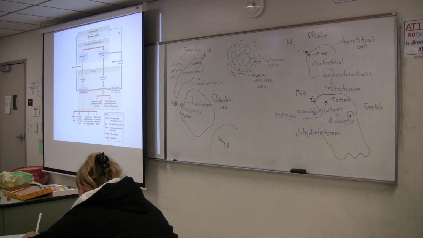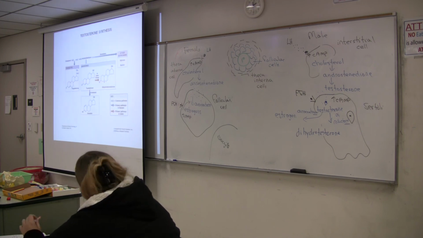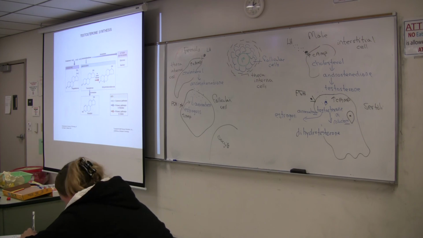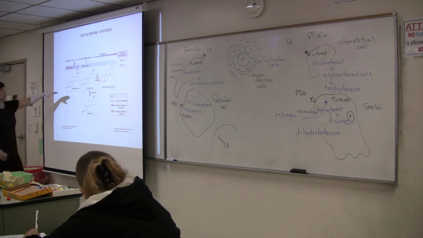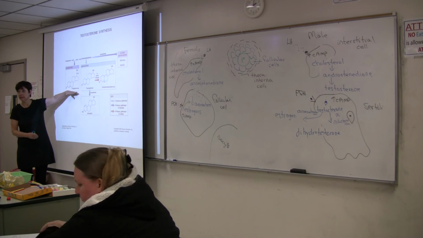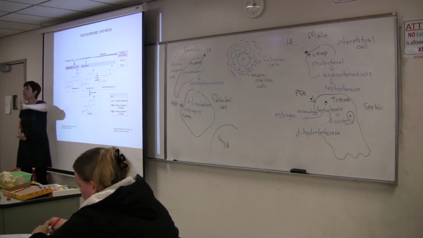We have one more hormone. I can't remember where I am here. All right, so this is taking place with our production of estrogen. What's the other female hormone? Progesterone. All right, so you can see progesterone here. Progesterone is produced by the theca interna cells after ovulation.